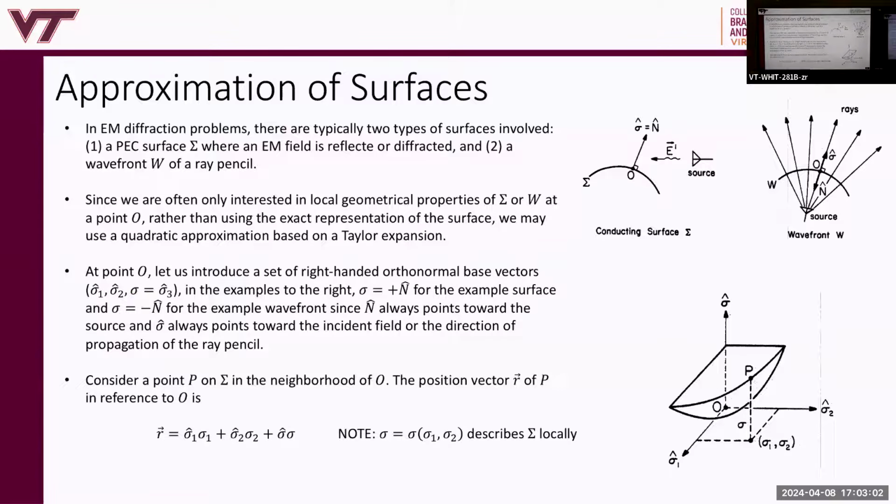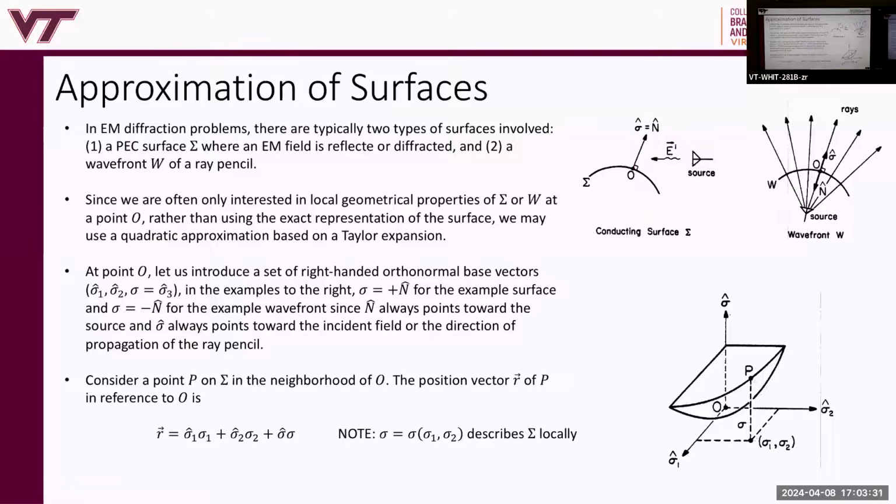N hat always points toward the source, and sigma hat always points toward the incident field or the direction of propagation of the ray pencil. So sigma hat always points toward the incident field for a reflecting surface, or in the direction of propagation for a wavefront. But we know that n hat points opposite to the direction of propagation for a diverging wavefront, for it points toward the source all the time. And so those are the two conventions, all right?